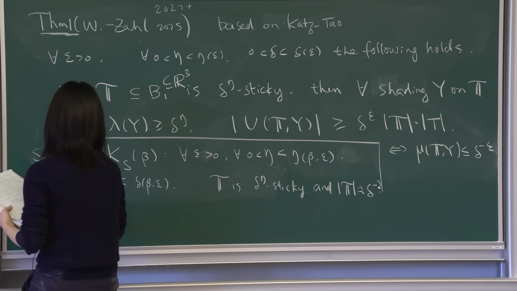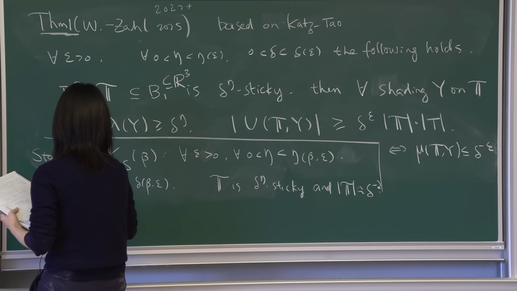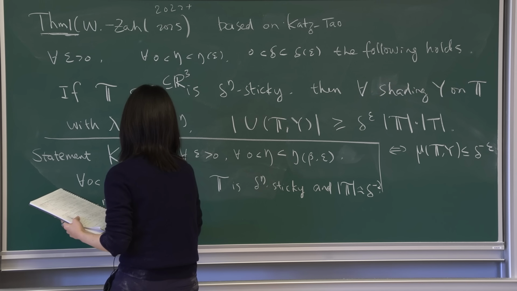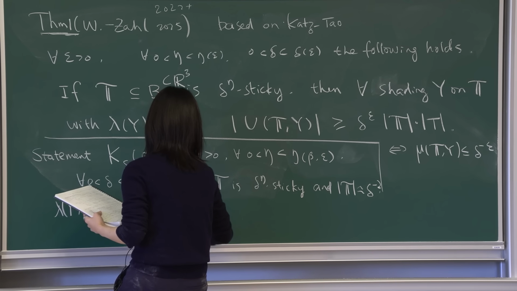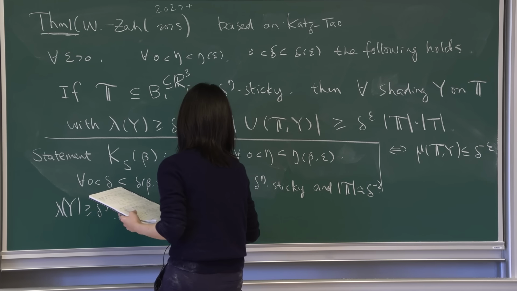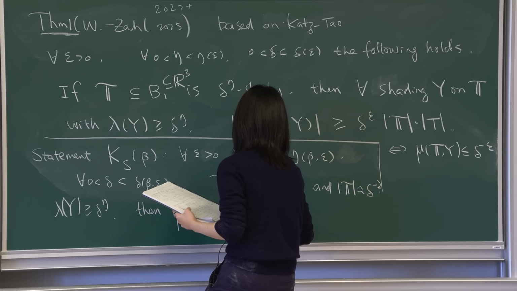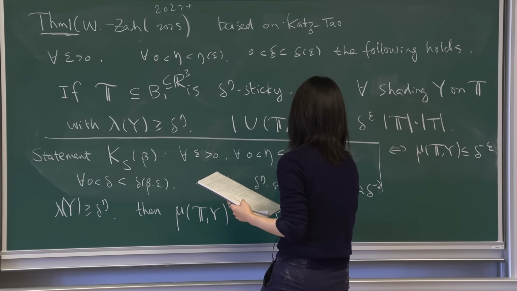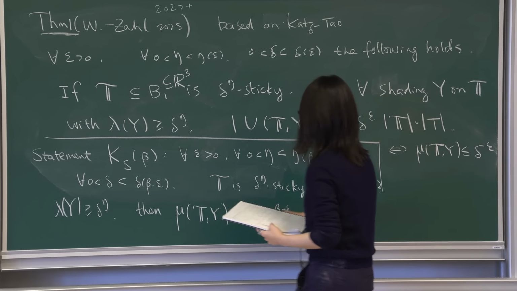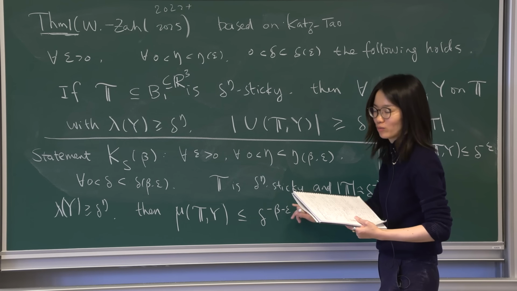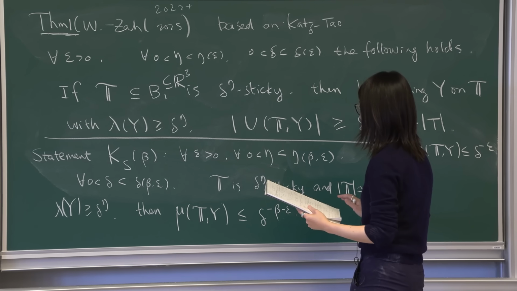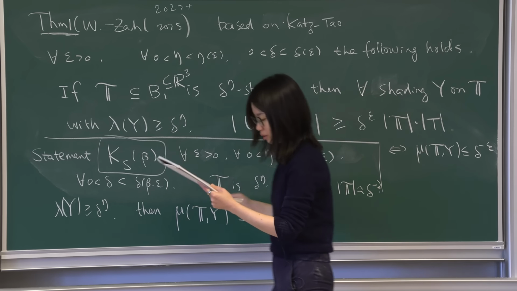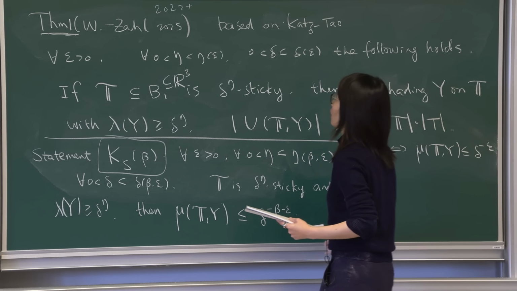And Y is delta to the eta dense shading on T, then the multiplicity is bounded by delta to the minus beta minus epsilon. So you might think, why do I need both beta and epsilon here? It's just to make this statement cleaner. We are going to do a self-improving argument.